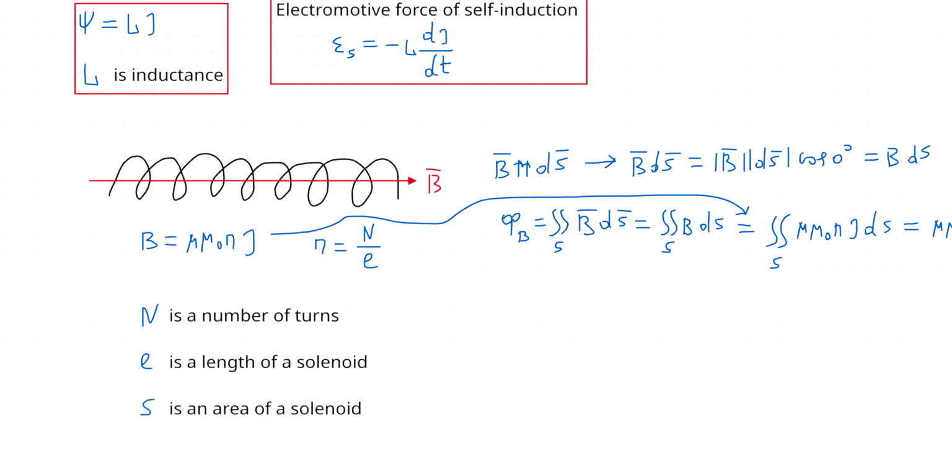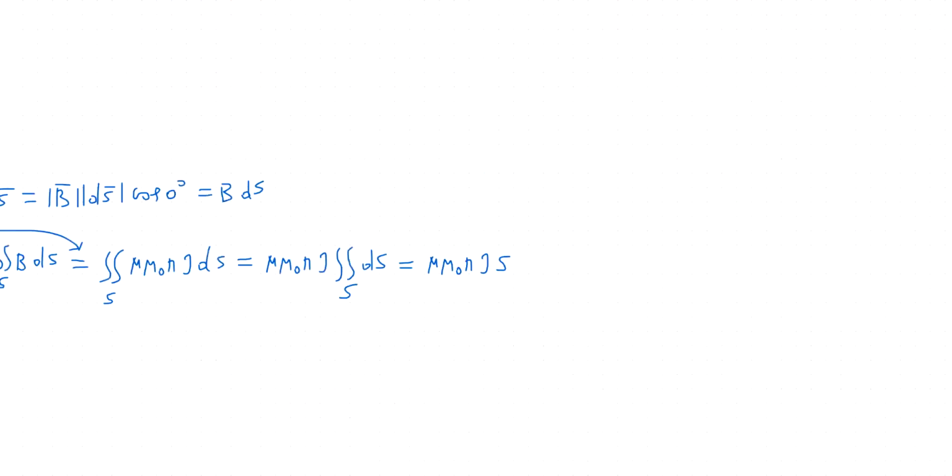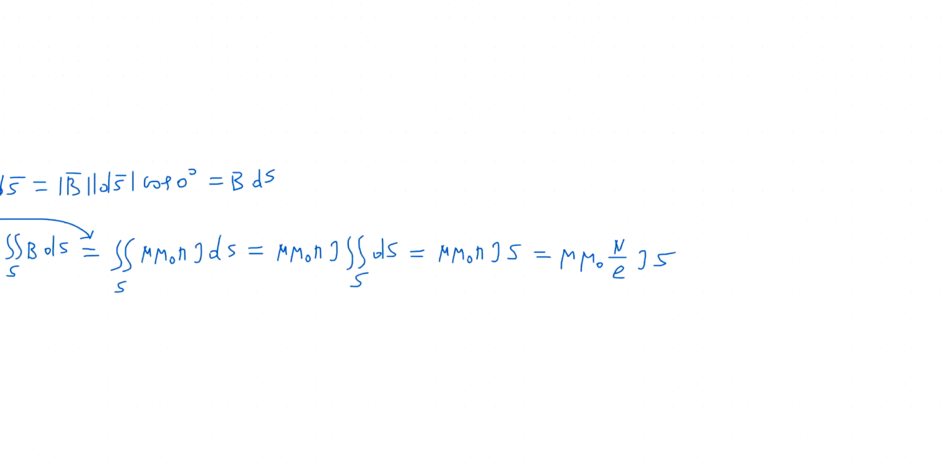And let's remember that this n is equal to the number of turns divided by length. So in this case we can write mu0 N divided by L, I S. So this is the magnetic flux in one turn.